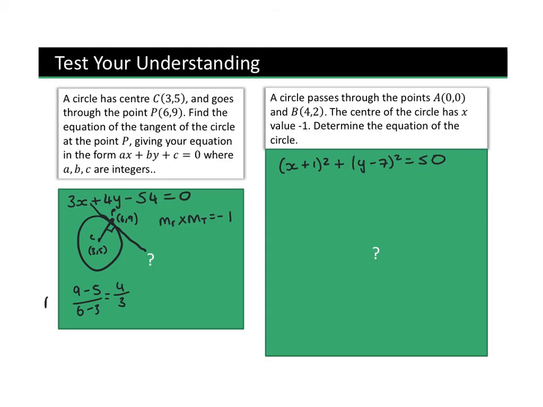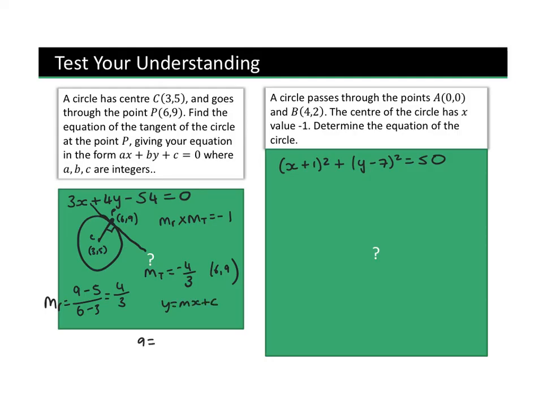So that means m_r, the gradient of the tangent, is -4/3. I've now got my point (6, 9). So back to Pure 1. Here we go: y = mx + c.